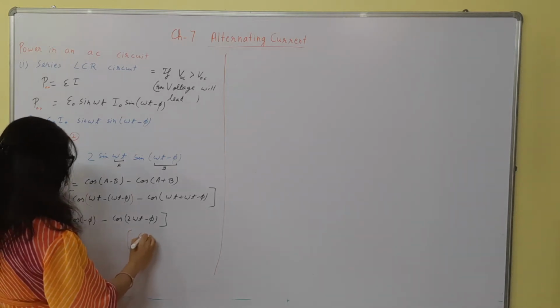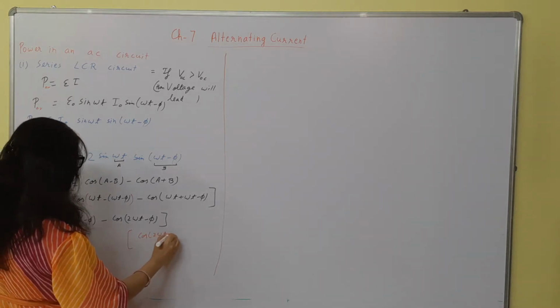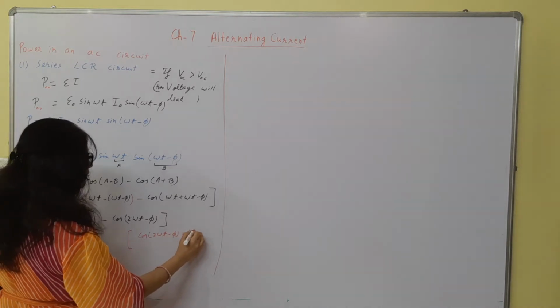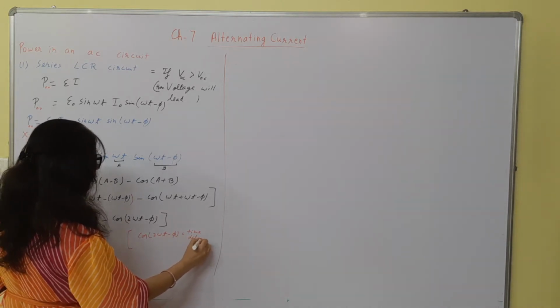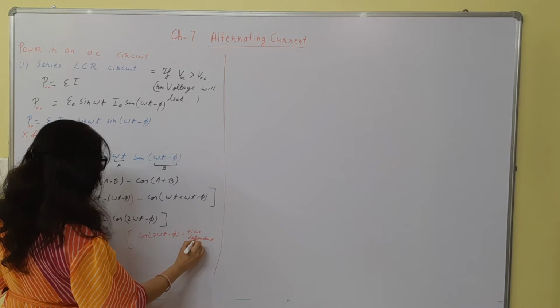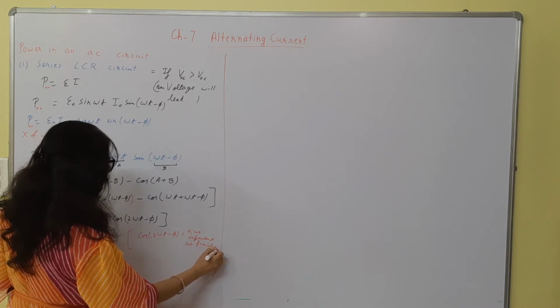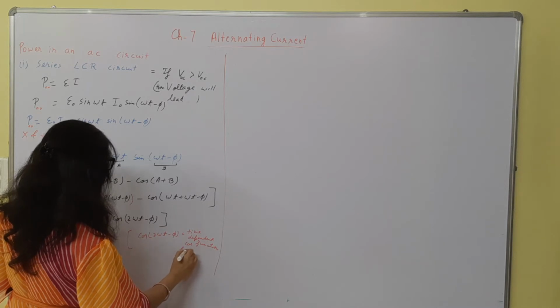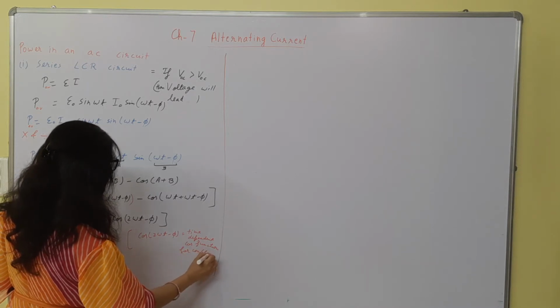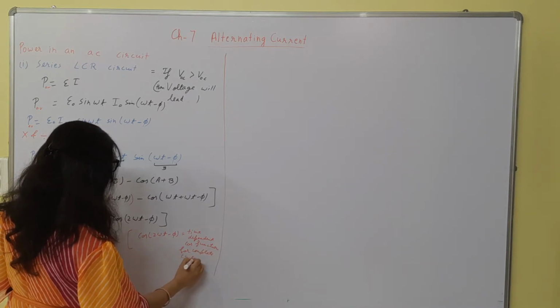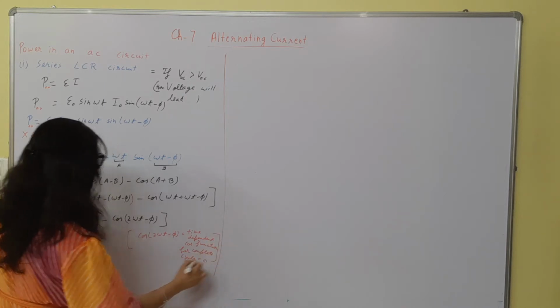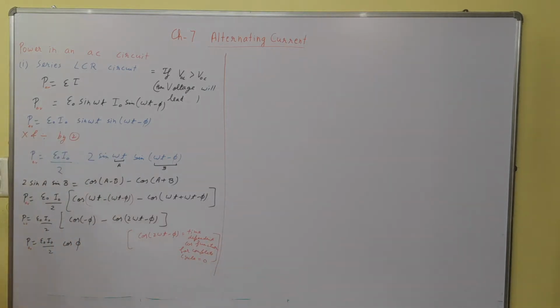So cos of 2 omega t minus phi, a time dependent cos function for a complete cycle, is equal to 0. Okay, so that's why I have placed it as 0.